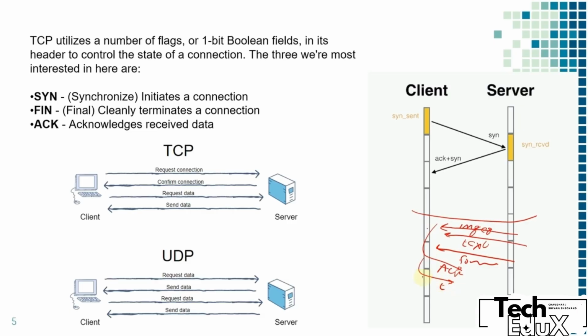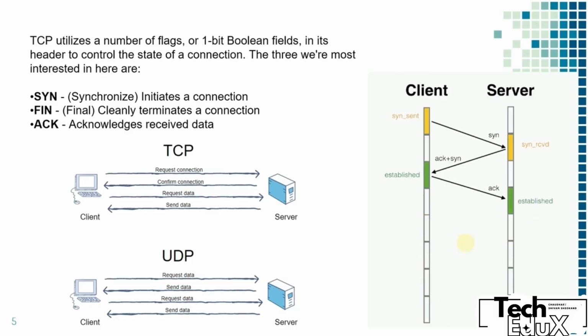As you can see, let it play again, then I can stop. The first step: this is a client and this is a server. The client is going to send a synchronization, a SYN, to the server. SYN sent, SYN received. Synchronization is the process to tell the server that I want to talk with you.